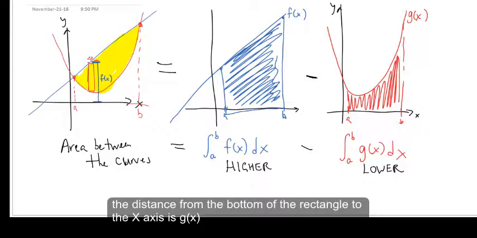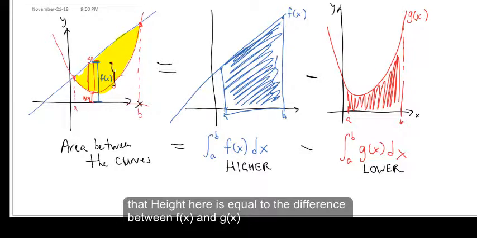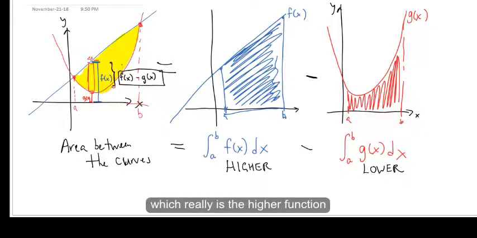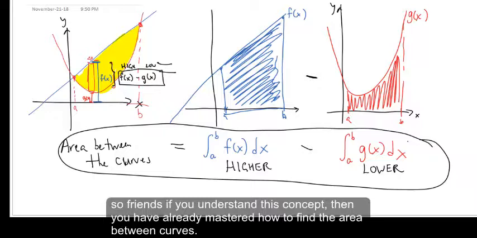The distance from the bottom of the rectangle to the x-axis is your g of x. So really that height is equal to the difference between f of x and g of x, which really is the higher function minus the lower function, which is what you have here. So friends, if you understand this concept, then you've already mastered how to find the area between curves.